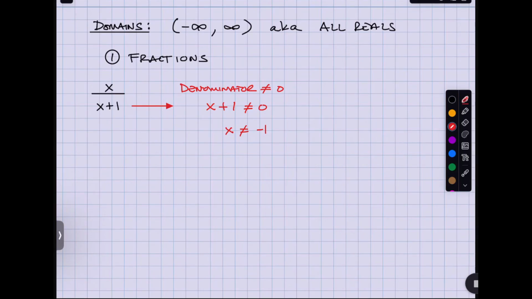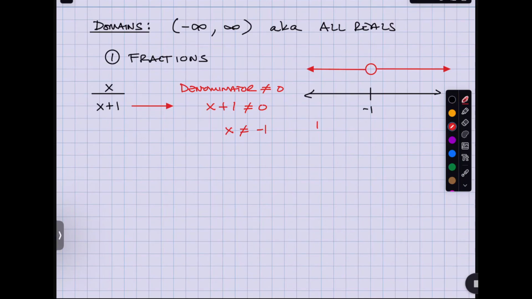So if that's the case, what is my domain then? Some of you might need to draw this line, put negative 1 down. Since it cannot equal negative 1, it'll be an open circle. Then draw your arrows to both ends, because everything else can be used. I can use negative 2, 0, anything else except negative 1.